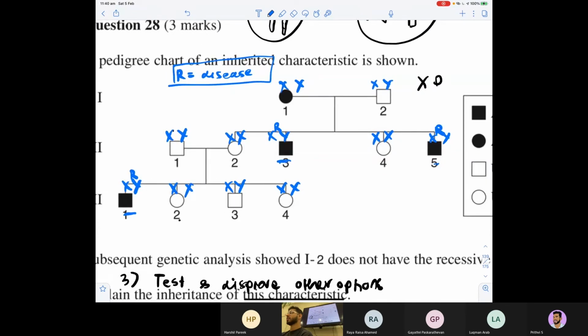I put one here as well. Make sure your Y's look like Y's. Good. Now, what about the females? None of the females are affected except for one. What does it mean to be an affected female in a sex-linked dominant condition, everyone? She has one dominant allele. Do we know what the other allele could be?